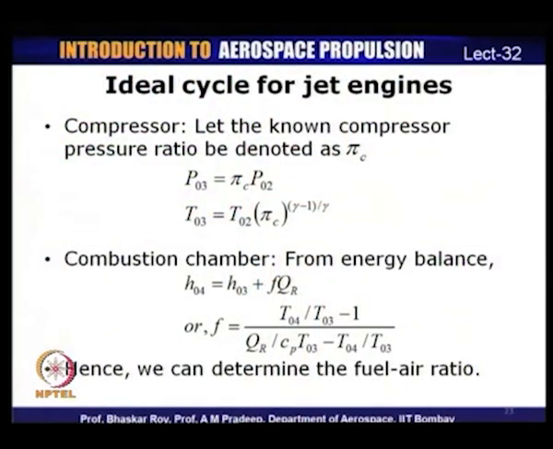Energy balance across the combustion chamber gives us, at the exit of the combustion chamber, stagnation enthalpy H04 equal to H03, that is inlet stagnation enthalpy, plus the fuel added, that is F times Q_R. Therefore, from the ideal gas approximation of enthalpy, which is equal to Cp times the corresponding temperature, we have F equal to (T04 by T03 minus 1) divided by (Q_R by (Cp T03) minus T04 by T03). So, from this we can calculate the fuel to air ratio.